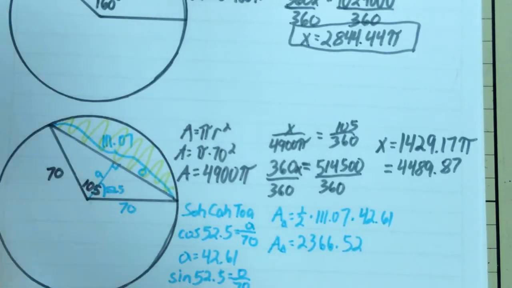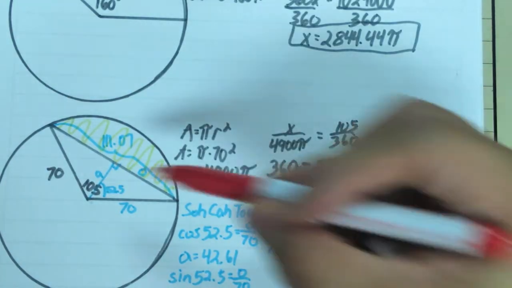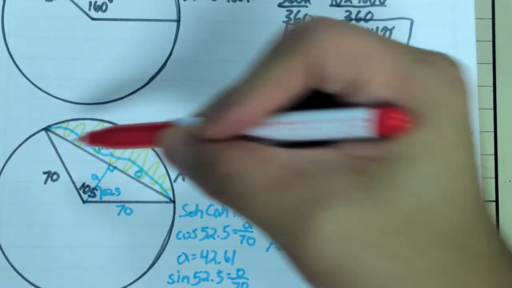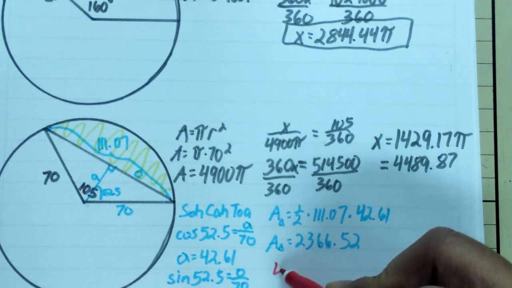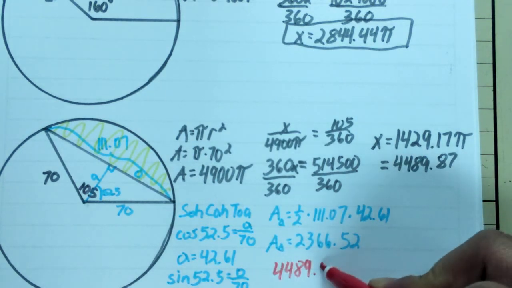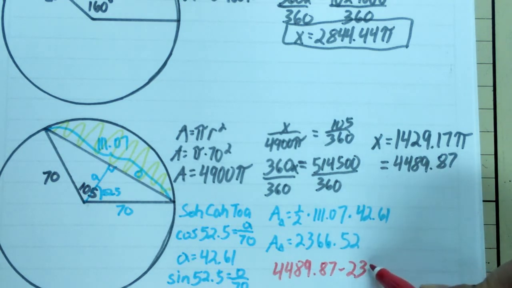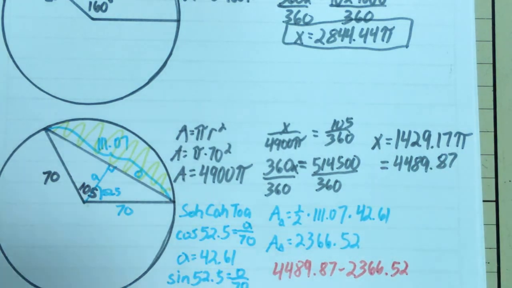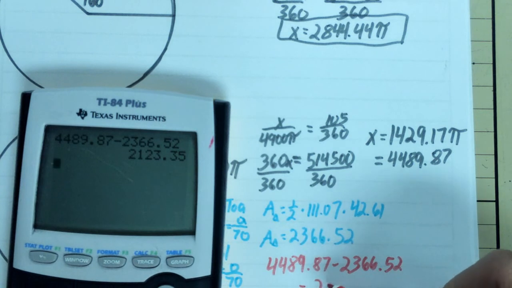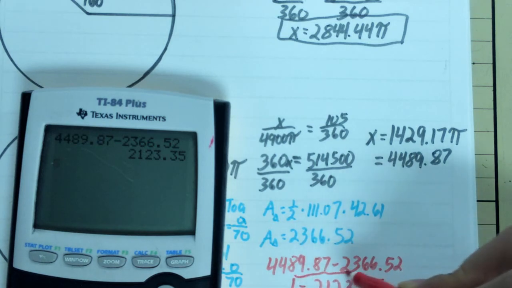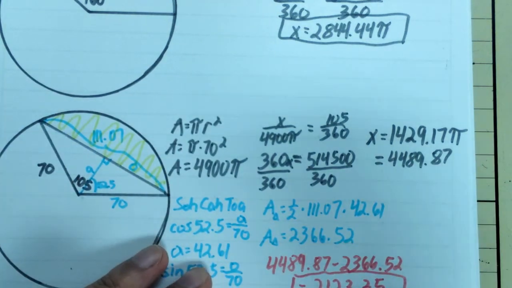Finally, we can find the green shaded area. We do that by taking the black area, this part, minus the blue area, that triangle. So we have 4,489.87 minus 2,366.52 to get 2,123.35. This is my area for just that green portion.